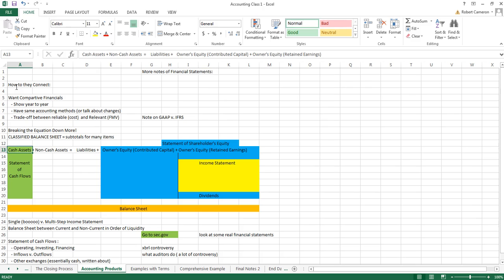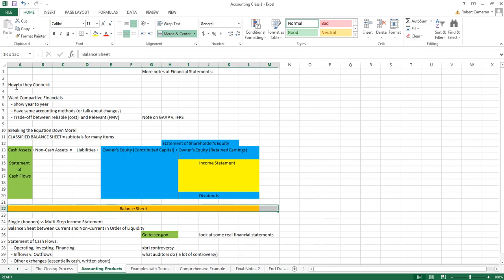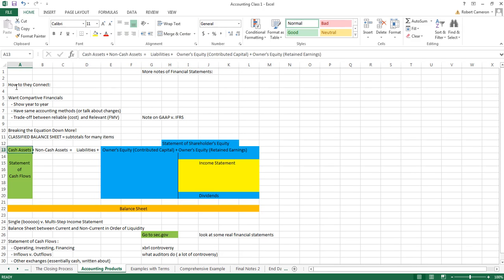As you can see here, this whole entire thing is the balance sheet. If we were to look at just cash, that'd be the statement of cash flows. If we were to look at the entirety of shareholders' equity, that would be both owner's equity from contributed capital and retained earnings.